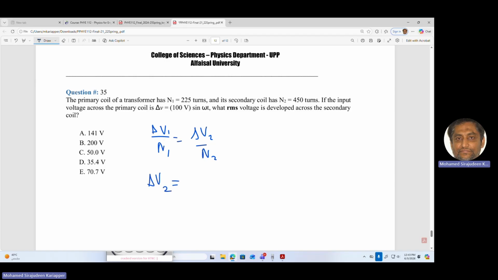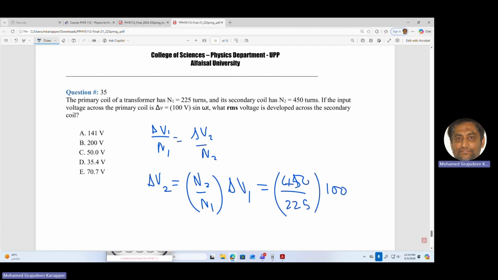So delta V2 will be N2 over N1 into delta V1. So that will be 450 divided by 225 multiplied by 100. What do you get? 140? 41. Okay, we finished it.